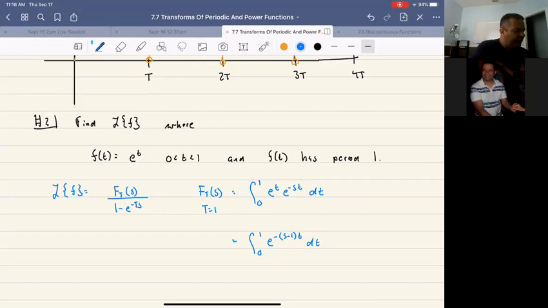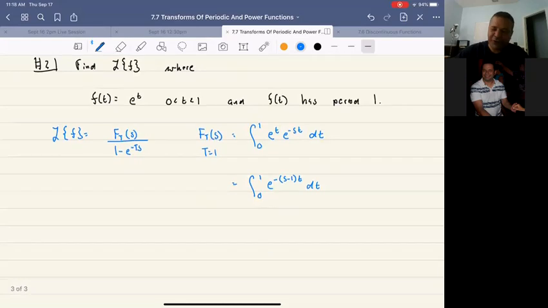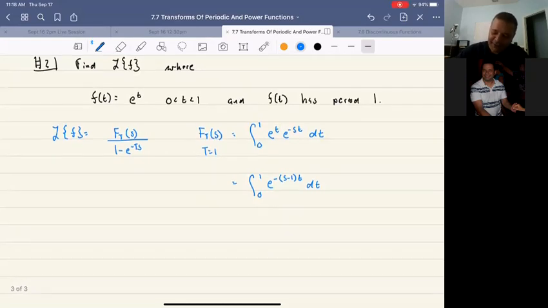I've written this down just so I don't screw it up, because I'm prone to doing that, as you guys know. That equals e to the negative (s minus 1)t divided by negative (s minus 1), from 0 to 1.